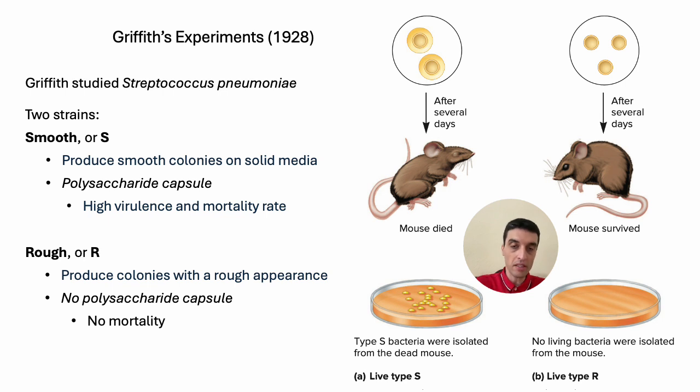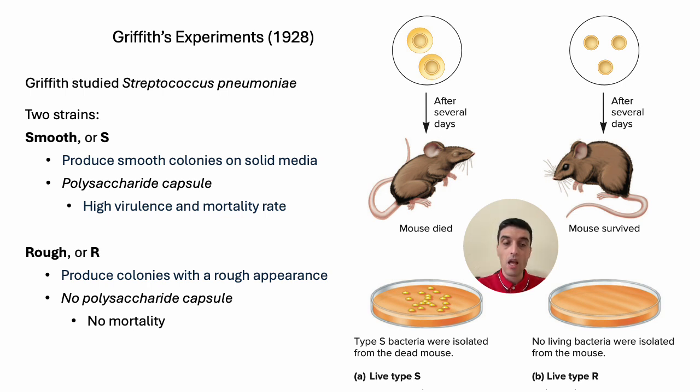And when they injected these bacteria into mice, they all would die. So they knew that they had a high virulence. That means they would all show disease, they would get sick, and they would also have a high mortality rate, meaning most of the animals that got injected would die.